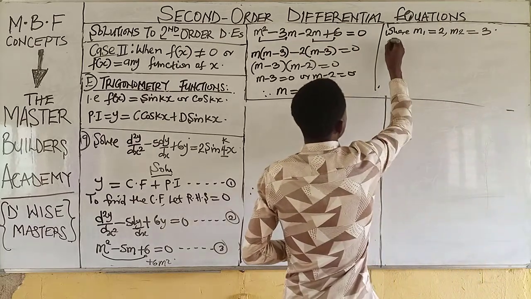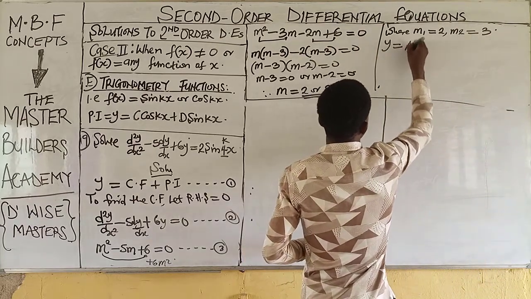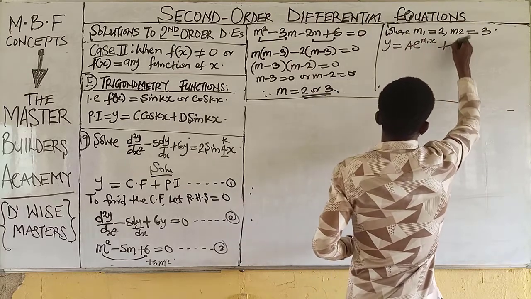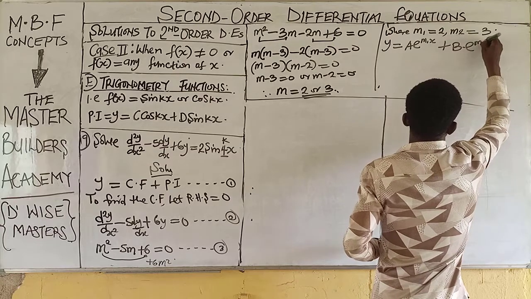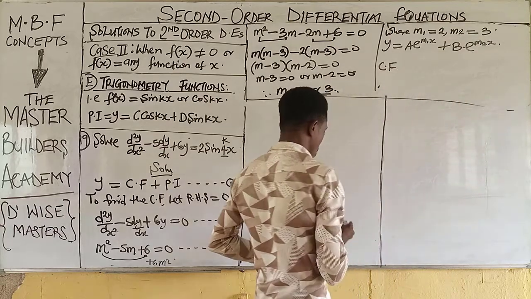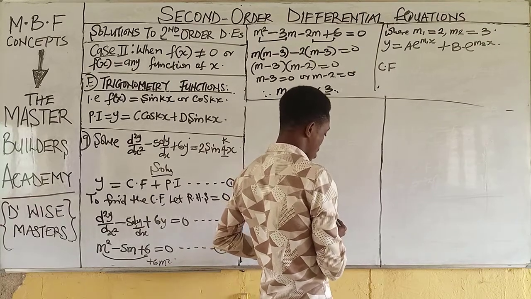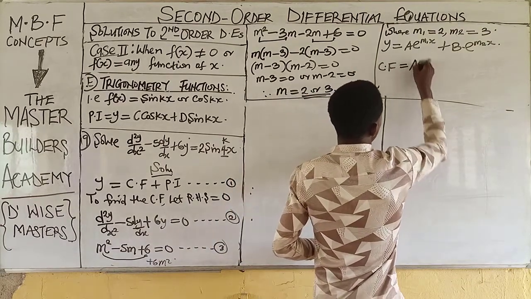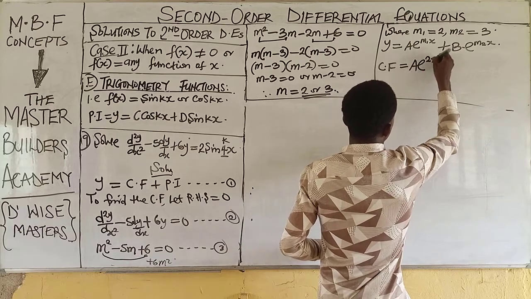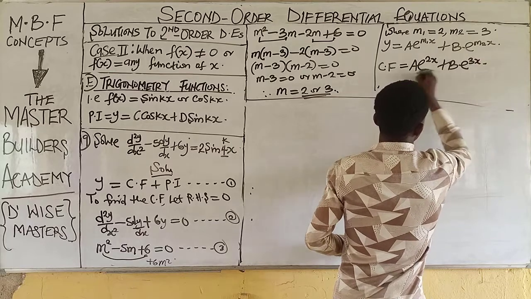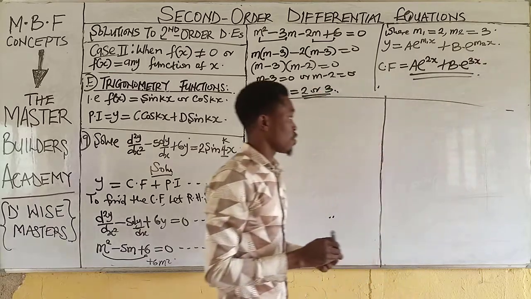So what do we do? We simply remember that y is equal to a exponent m1x plus b exponent m2x. Now we replace this with the complementary function, and we already know the values of m1 and m2. Then this will have given us a exponent 2x plus b exponent 3x. This is the complementary function.